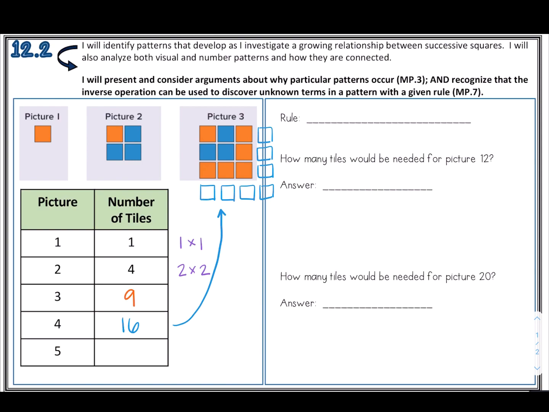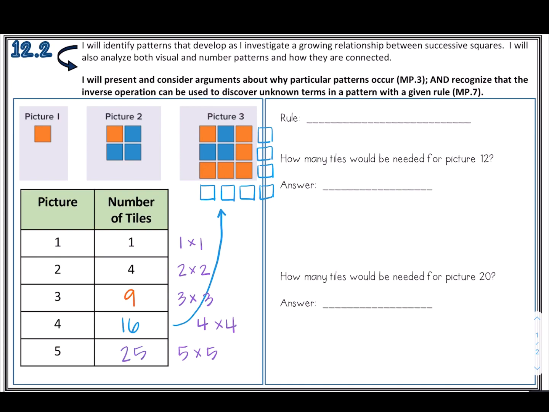Picture 3, there were 3 rows and 3 columns. 3 times 3 is 9. When we added the tiles and made picture 4, we have 4 rows and 4 columns, which is 16. So without even drawing a picture, we would know that for picture 5, we would have 5 rows and 5 columns, which gives us 25 tiles.